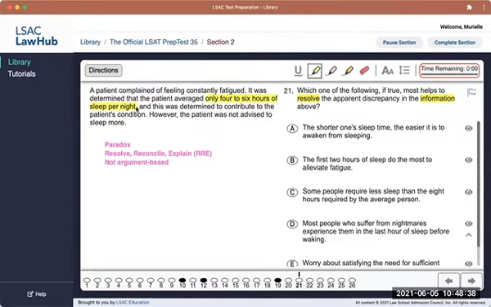And this was determined to contribute to the patient's condition. However, the patient was not advised to sleep more. Or they may be advised to sleep more at night and less during the day.